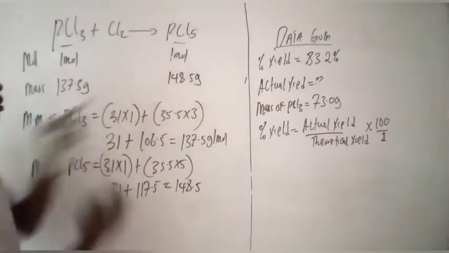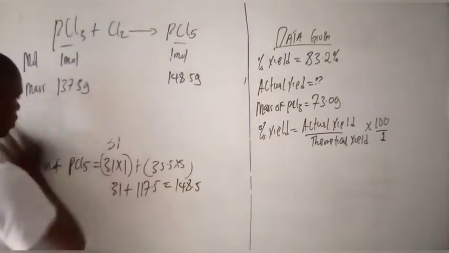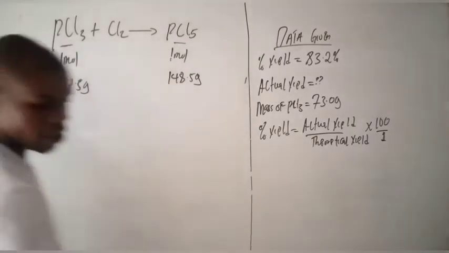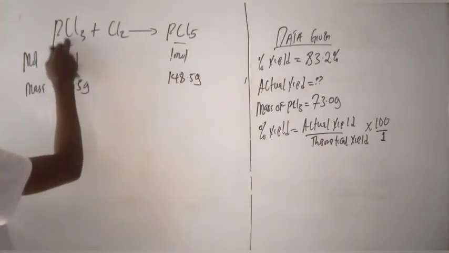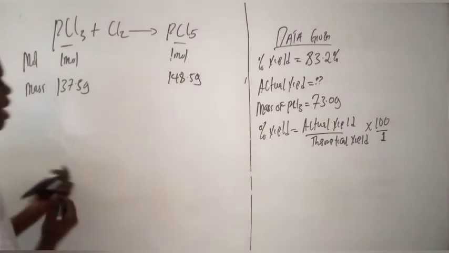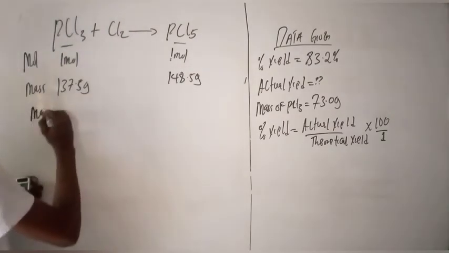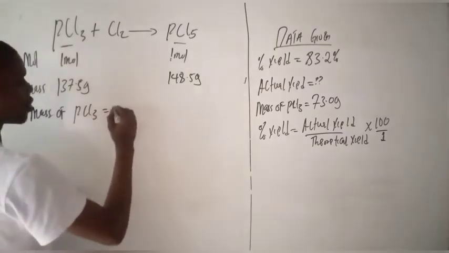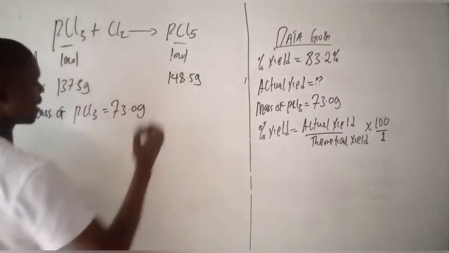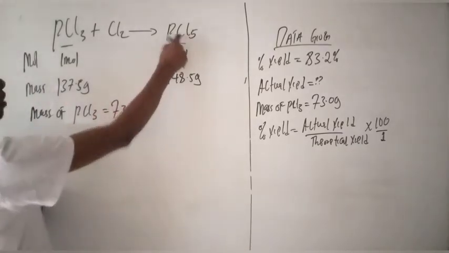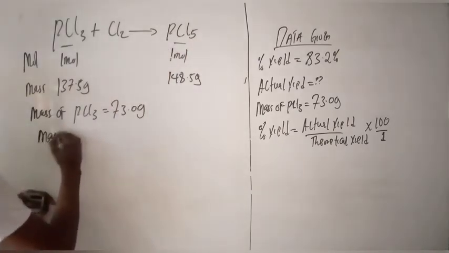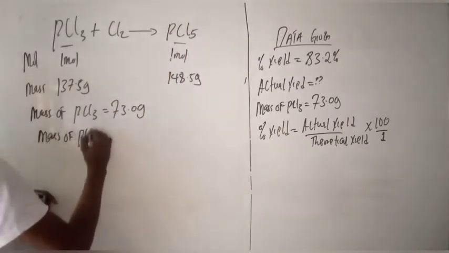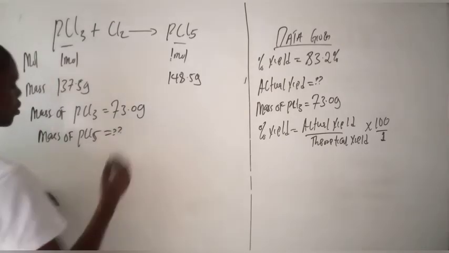Remember, the mass of this one was given to me. The mass of PCl3 is given as 73.0 gram. Now I want to get the mass of this one here, the mass of PCl5.